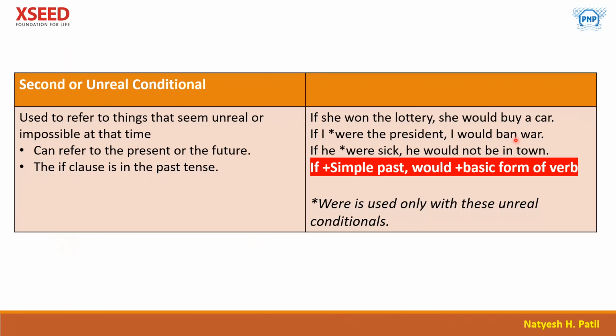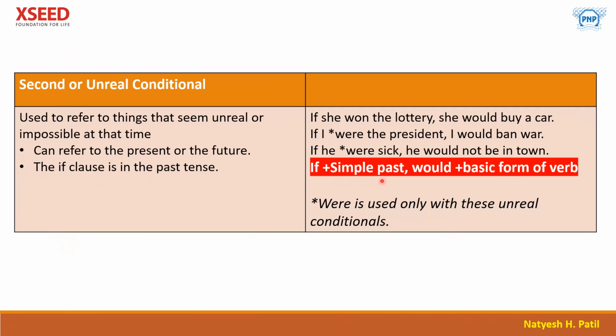This is something unreal. If he was sick, he would not be in town. How come it is possible? What is the problem? Even if you are sick, you can be in town. Why not? So when there are some unreal conditionals, we can use sentences like this.